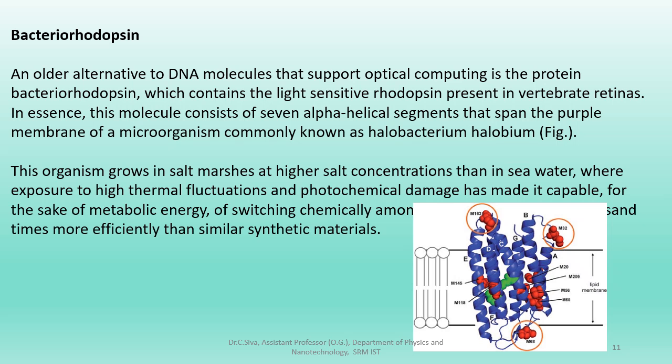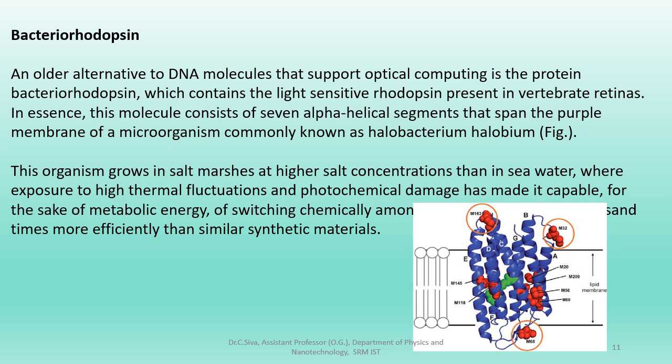It exists in the membrane of Halobacterium halobium, an organism which lives in high-salt conditions. Because of harsh environmental exposure, this protein can switch among different atomic states extremely efficiently, thousands of times more efficiently than artificial materials.